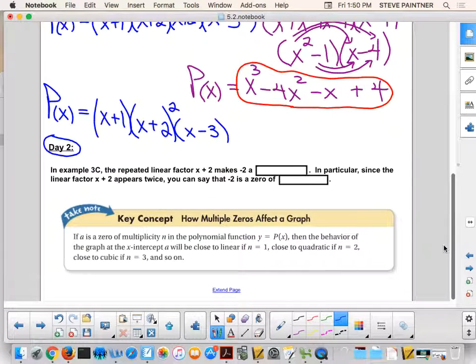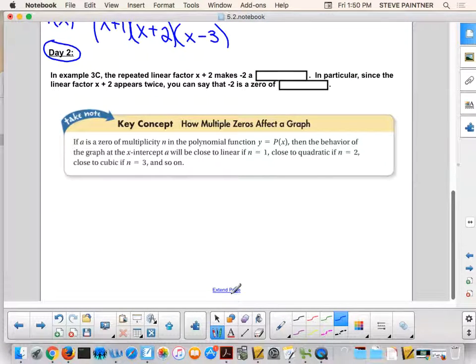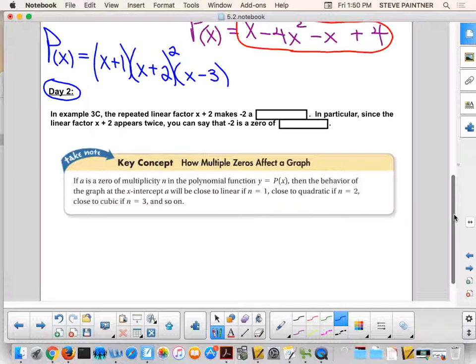All right. Now, ready? Keep this in mind. Look right here. In example 3C, which one was example 3C? This one. Okay.